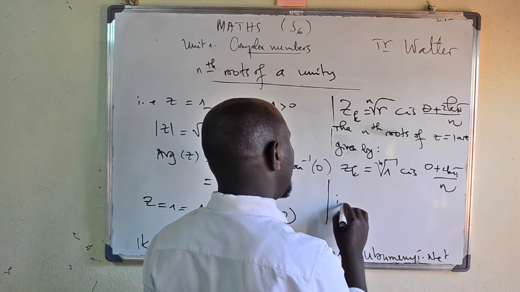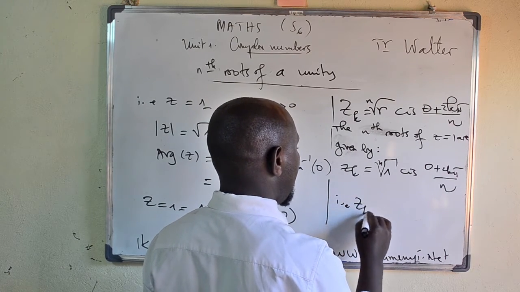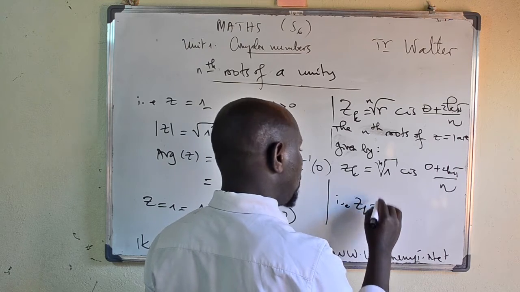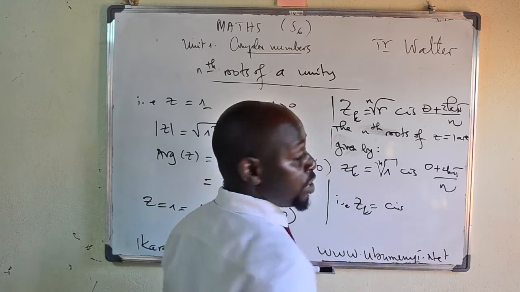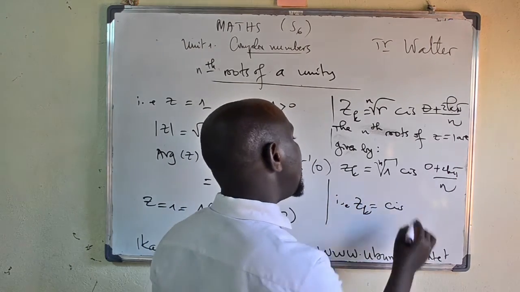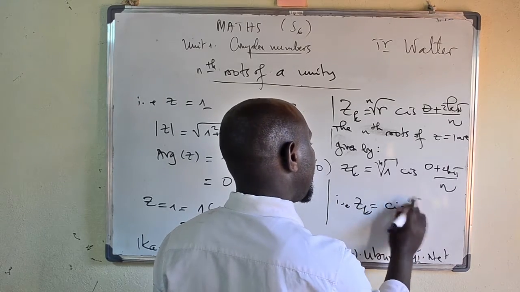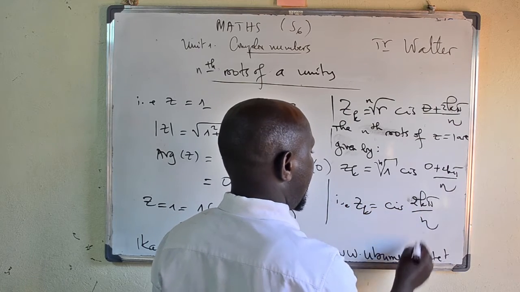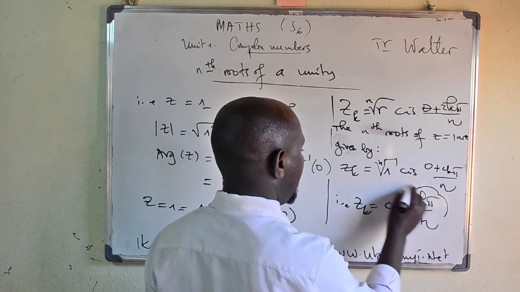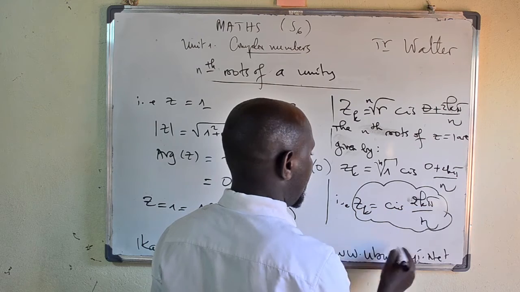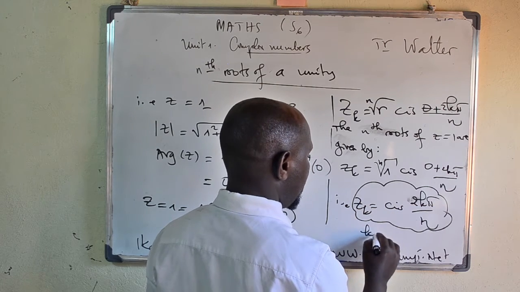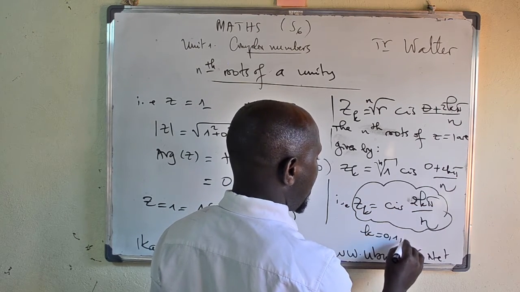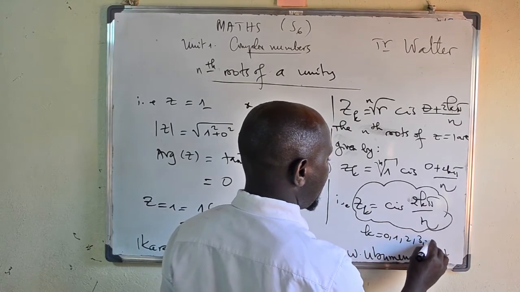And ladies and gentlemen, you will see that the formula will become zk equals cis of 2k pi over n, because 1 times anything is itself. And this is now the formula for the nth roots, where k is always equal to 0, 1, 2, 3, and we go on.